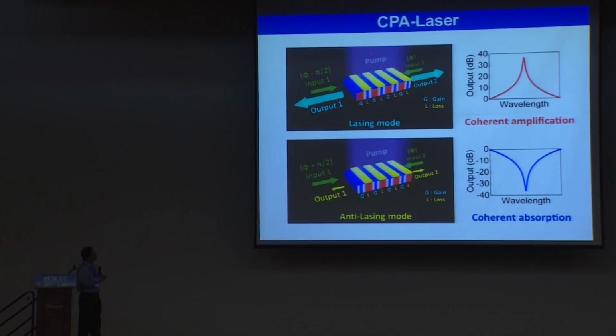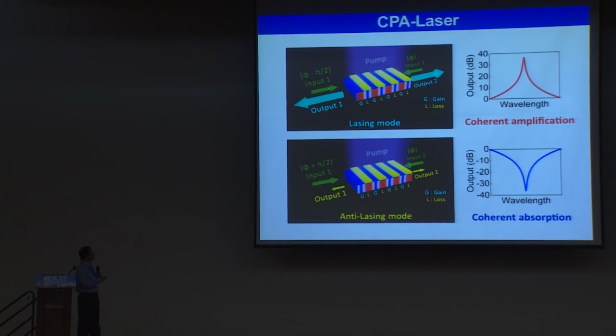So basically, when you pump it, the lasing mode and the coherent CPA mode both coexist. One is like this, and the other is like this. And over here, the strong field exists on the gain part, and over here, the strong field exists at the absorption part, okay, the loss part.